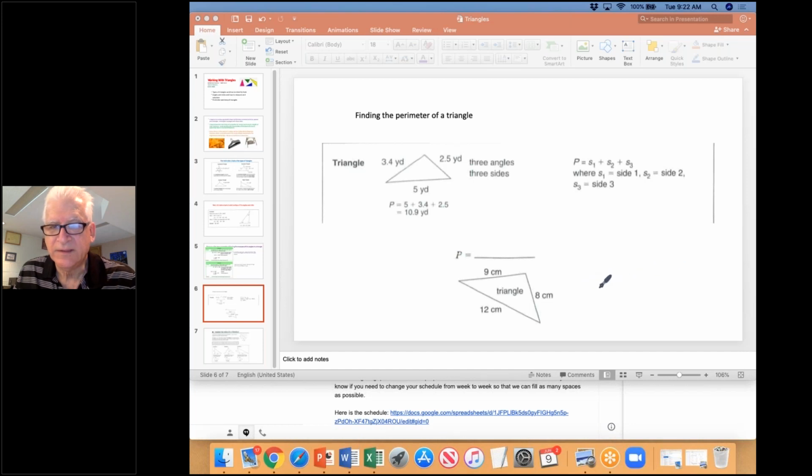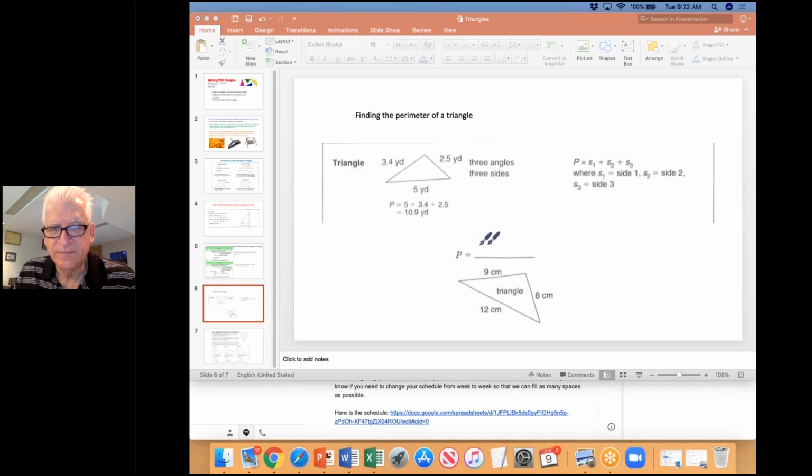Let's call 9 side 1, 8 side 2, and 12 side 3. Add those three together, 12 plus 8 is 20, plus 9 is 29.